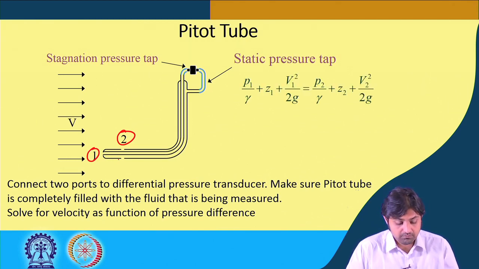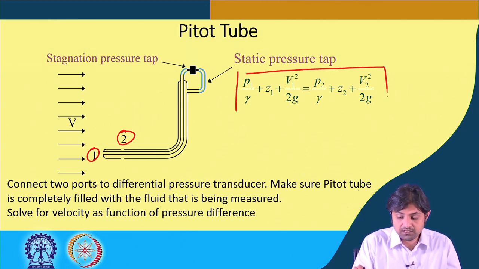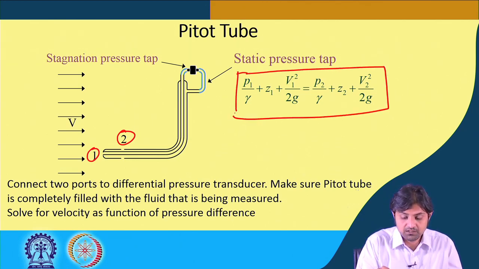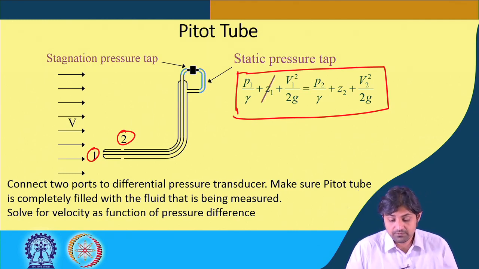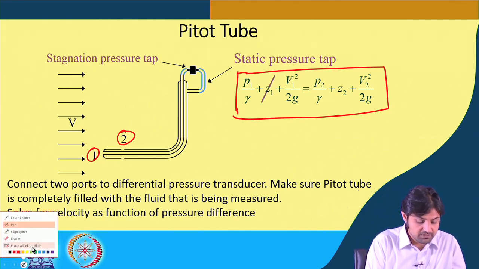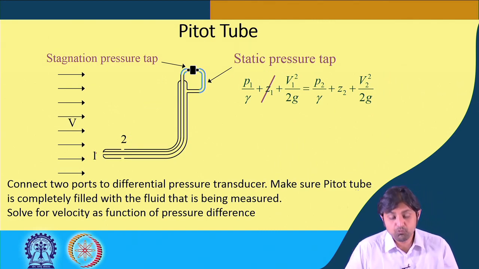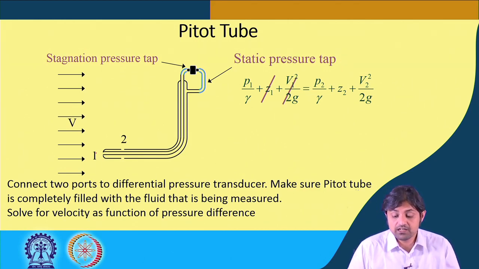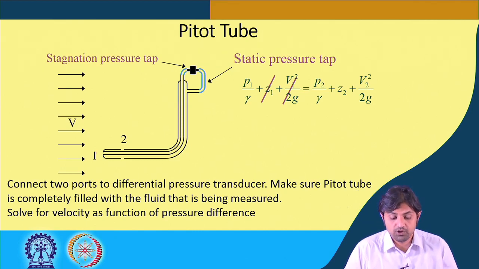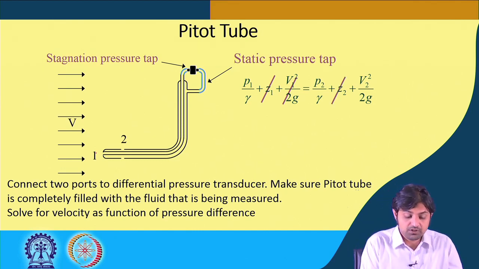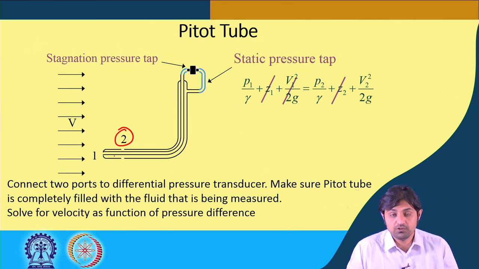So, Bernoulli's equation says P1 by gamma plus Z1 plus V1 square by 2G is constant. Here Z1 is 0 at point 1, we assume that is the datum, and because it is the stagnation point, the velocity at 1 will also be equal to 0. Point 2 is also where the datum is 0, so Z2 is also equal to 0.